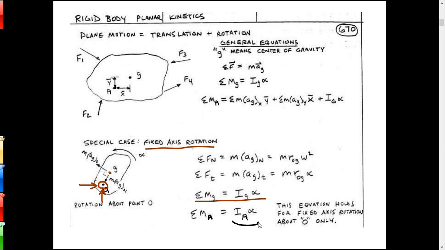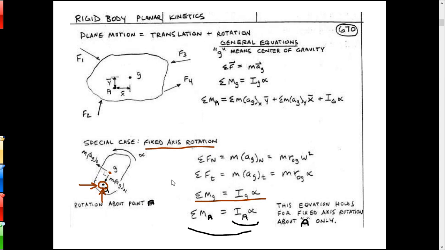That only works when you're using fixed axis rotation. So if you're rotating about point A, you could take the moments about A and set them equal to I_A alpha. So that's a common thing to do. It's a nice little short equation you can use when you're analyzing this fixed axis rotation.